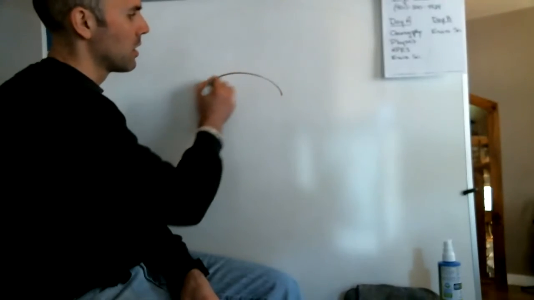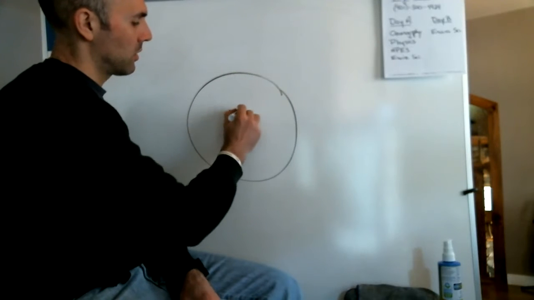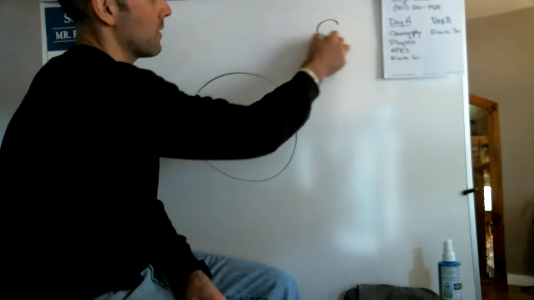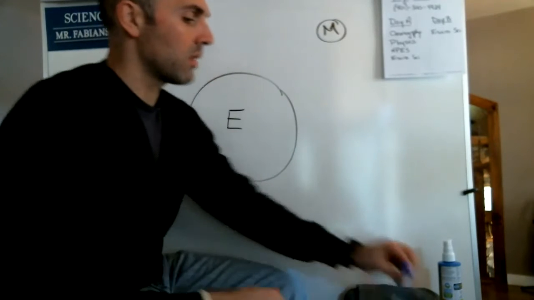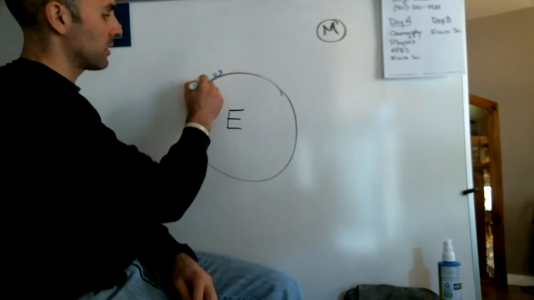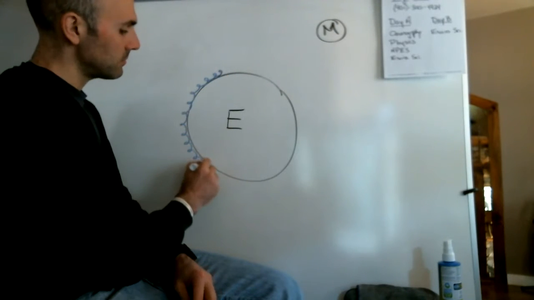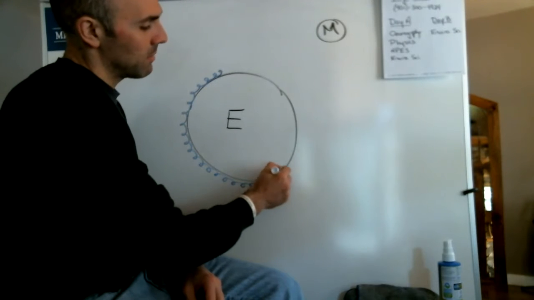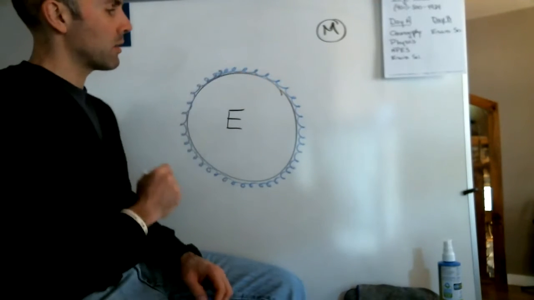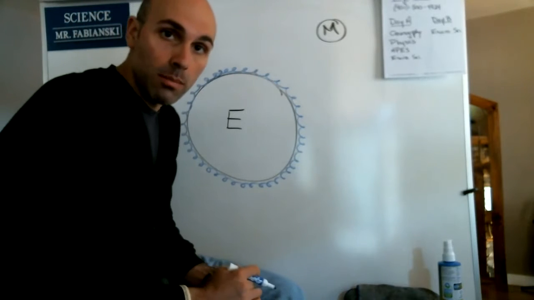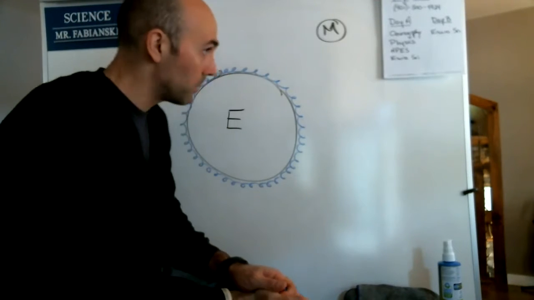So here we go. We've got the Earth, and then you have the Moon. Now, we have a whole bunch of water that is going around our Earth, like so. I want you to remember that not only does the Earth have a gravitational pull, but the Moon has a gravitational pull, and the Sun has a gravitational pull.